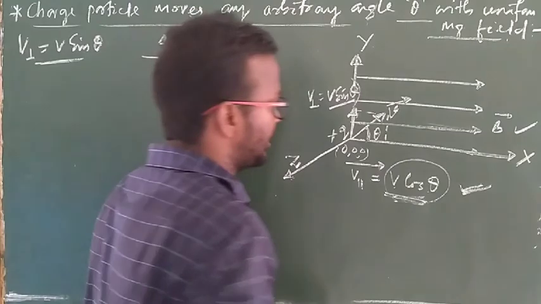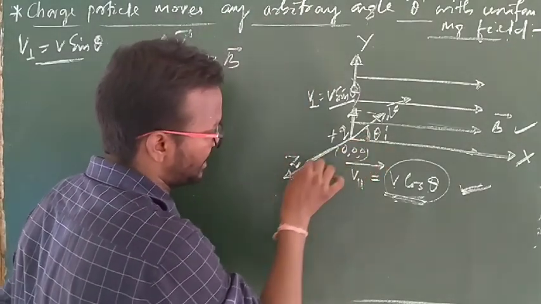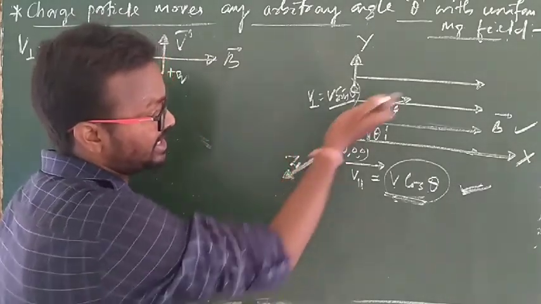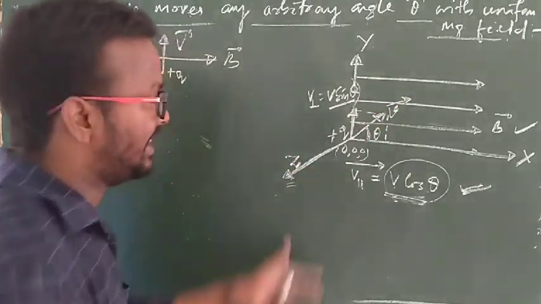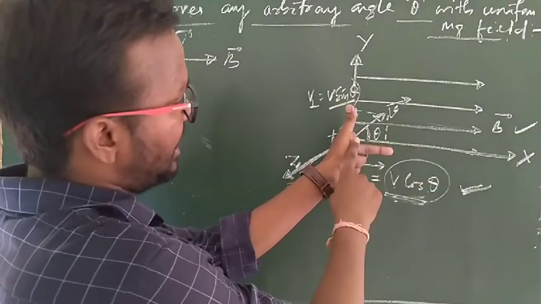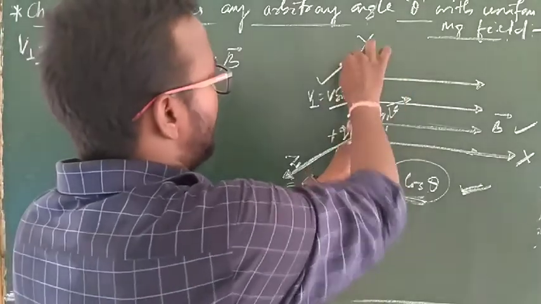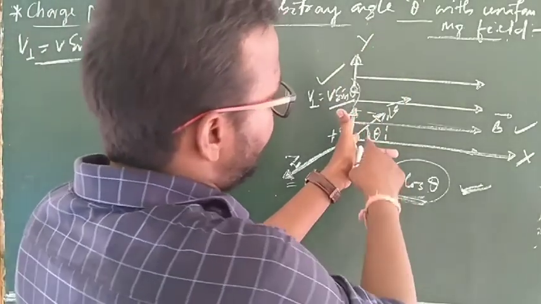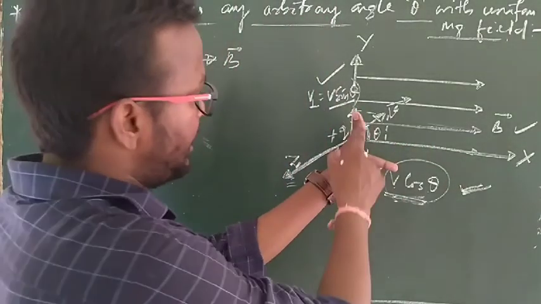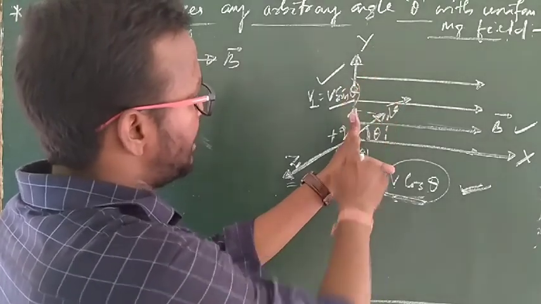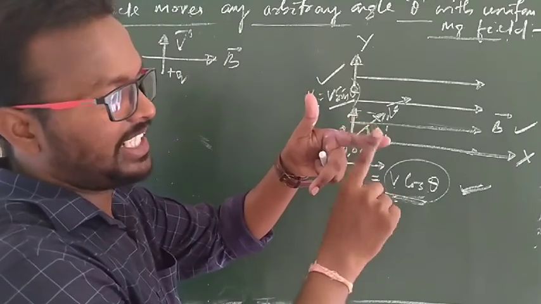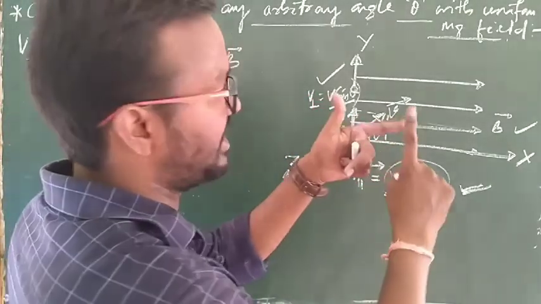So if this is the z direction, the direction of magnetic force is opposite to the z axis, because the three axes are perpendicular to each other. Choosing the perpendicular component, this is the direction of magnetic field along the x axis, and this is the motion of the charged particle, V perpendicular, along the y axis, and this is the direction of force along the z axis.